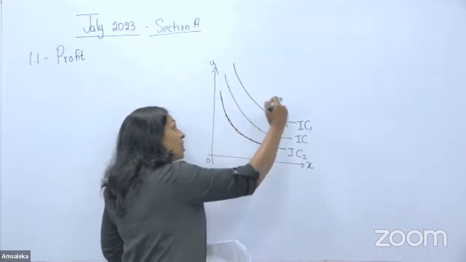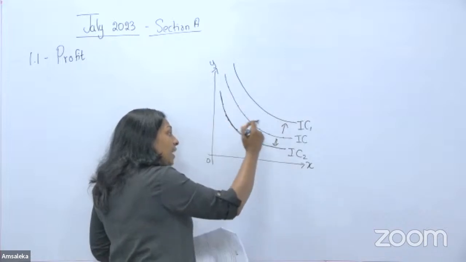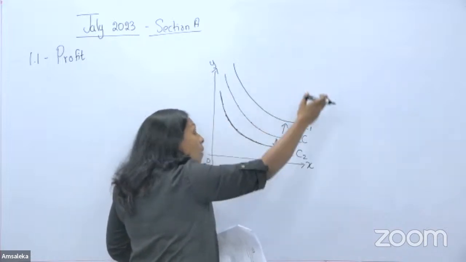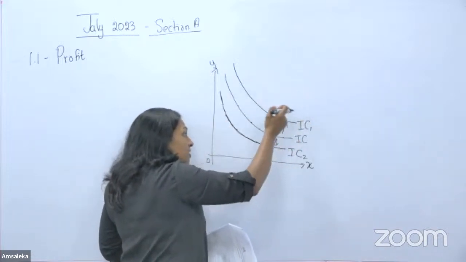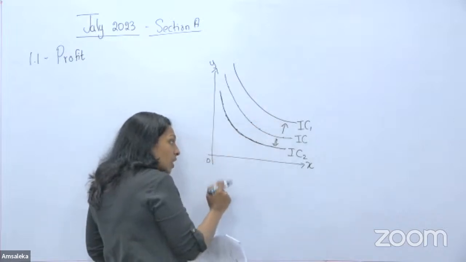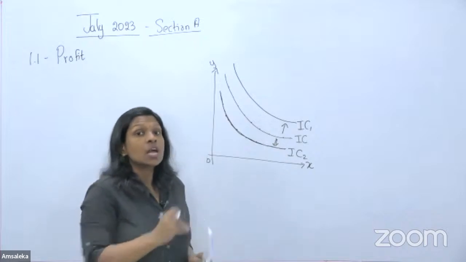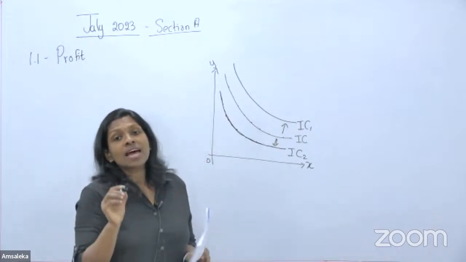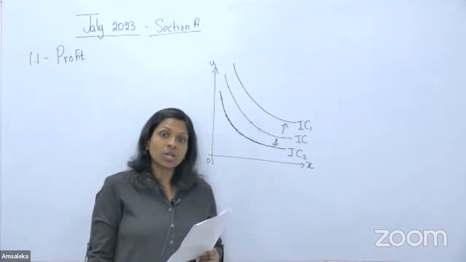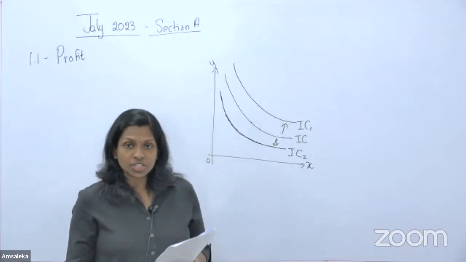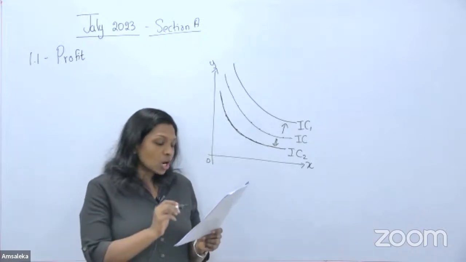The satisfaction will increase if the indifference curve moves upward. If the indifference curve moves downward, the satisfaction received by the consumer will decrease. But along the curve, the satisfaction is the same.